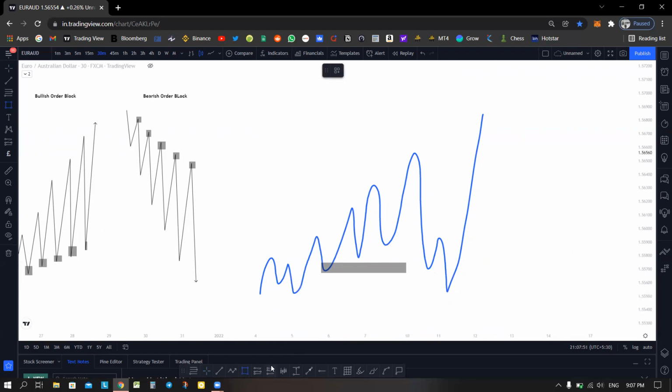For a good order block, we need to see the block which is responsible for a break in market structure plus which has taken some liquidity.